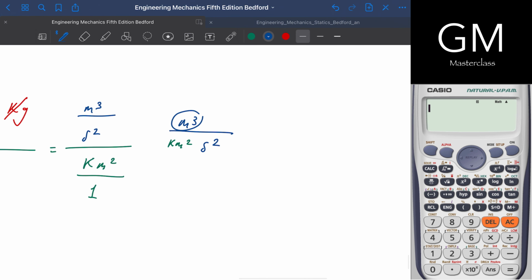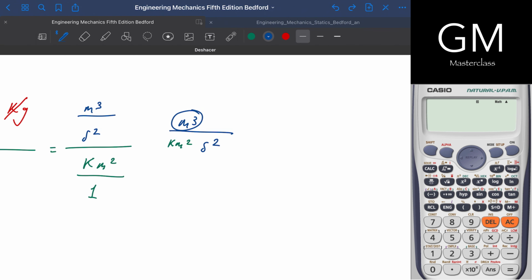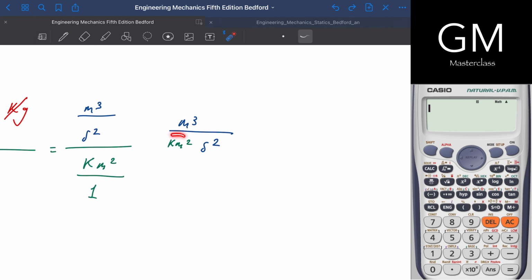But right here I have meters to the third power and kilometers to the second power. So if these kilometers were not kilometers but were meters, I could eliminate 3 of these meters with these 2, and I would have the answer that I need.